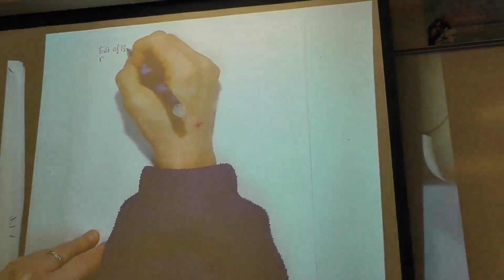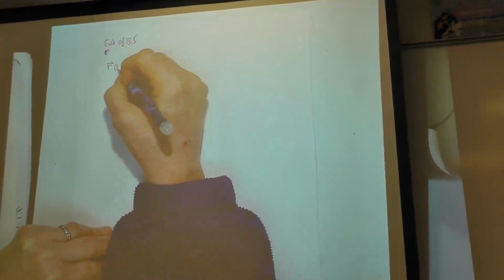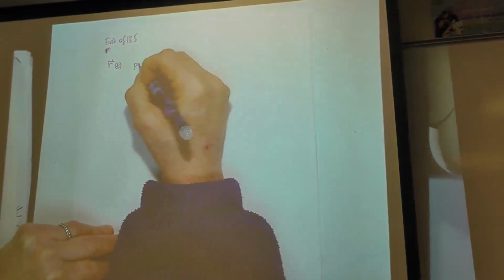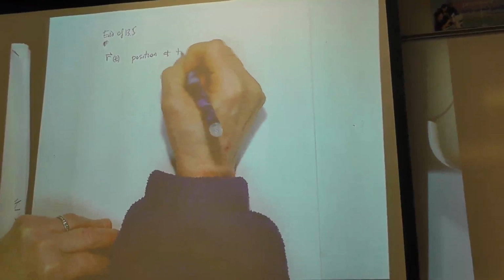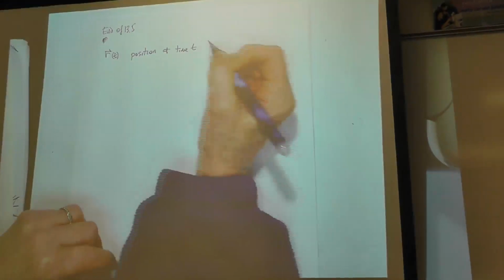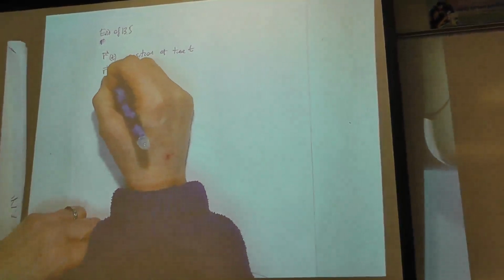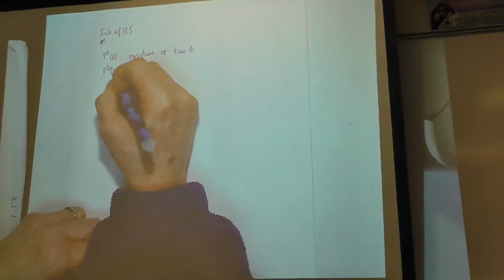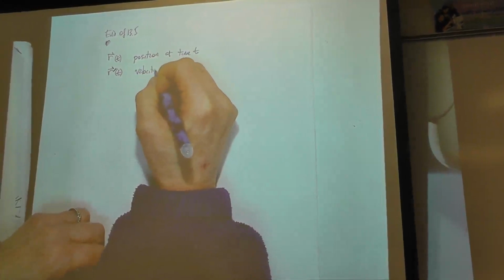Okay. So in the end of section 13.5, they are starting with R of t, which is giving position at time t. They differentiate it, and that's going to give you velocity.